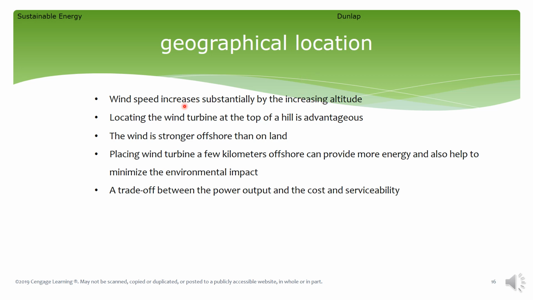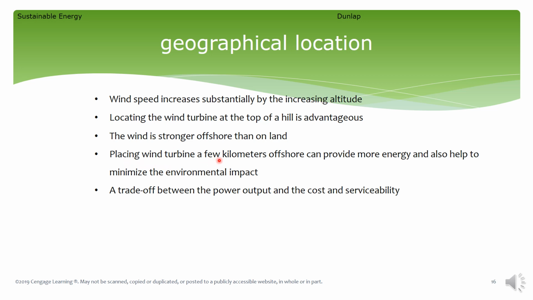Geographical location. To summarize, wind speed increases substantially with increasing altitude. Locating the wind turbine at the top of a hill is advantageous. The wind is stronger offshore than on land.